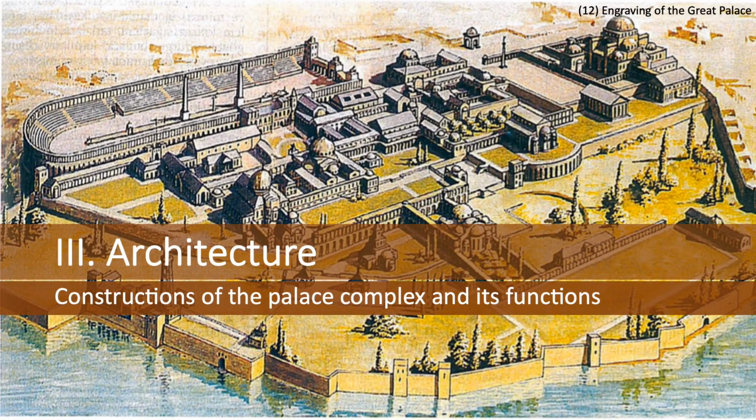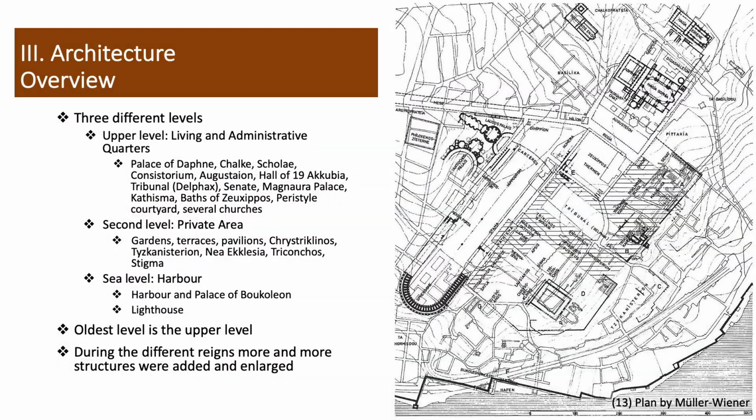Now, continuing with the architecture, I will tell you something about the construction of the palace complex and its functions. The Great Palace was situated on 3 different levels, which were enlarged and added over the years. During the reign of Constantine the Great and his son Constantius II, the upper level was mostly built.